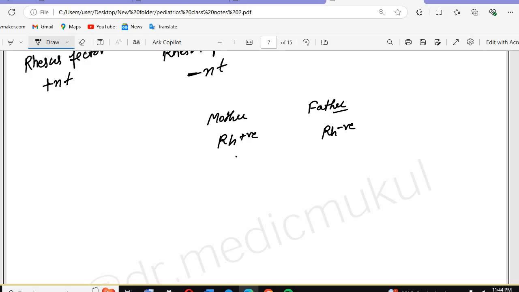So what will happen? Let's suppose the child also gets blood group RH negative. The child having RH negative means no antigen is there, while the mother has the antigen, that is the rhesus antigen.